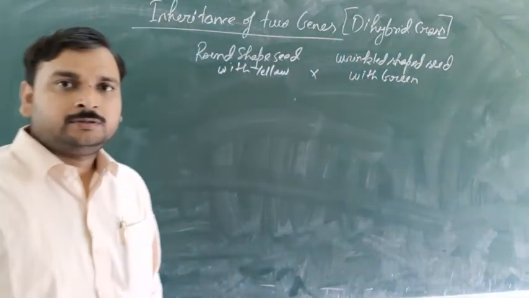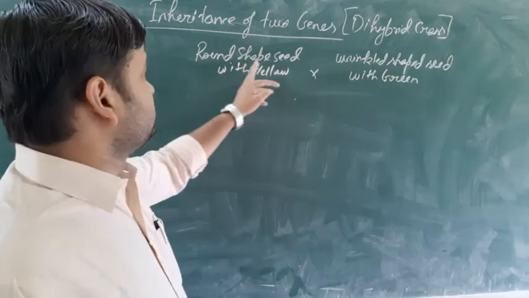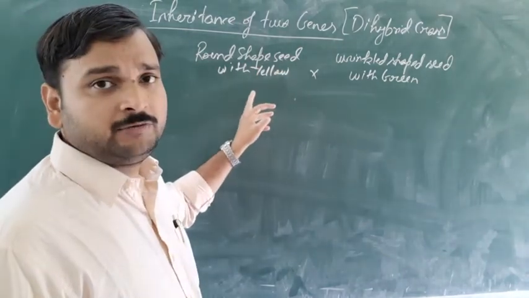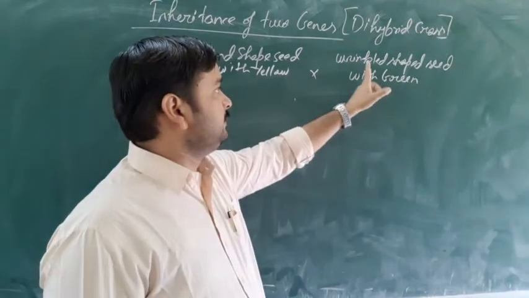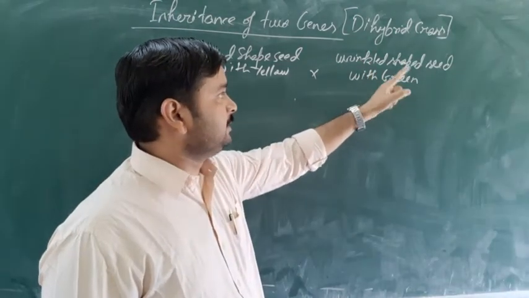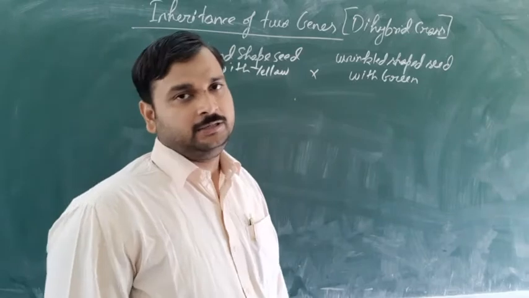So a round yellow seed will be crossed with another pure pea plant which has the wrinkled shaped seed with green color.